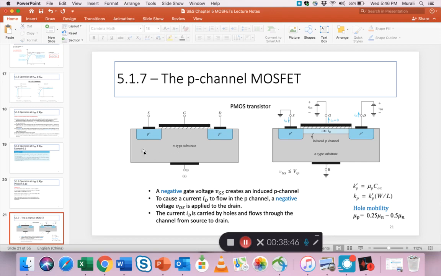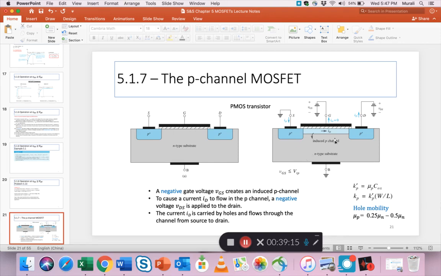In the NMOS, we were sitting on a big chunk of p-type body, p-type substrate, with two buckets of n-type. Here it's the opposite. For the PMOS, we have two p buckets sitting in a big chunk of n-type silicon, but we still have the gate and we have this insulating material which is silicon dioxide.